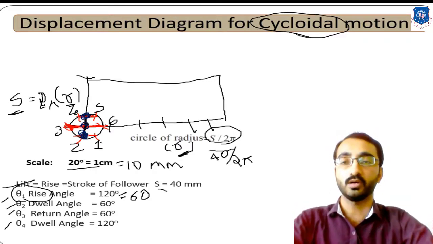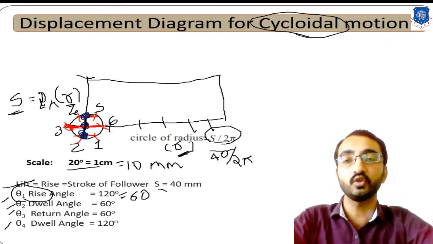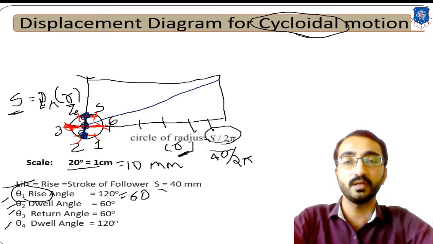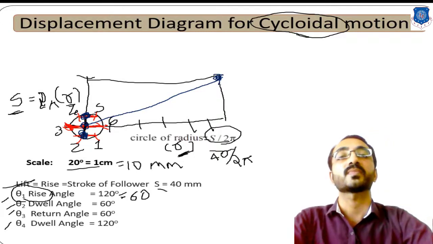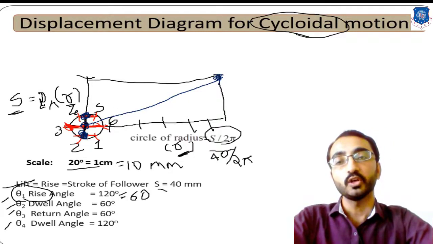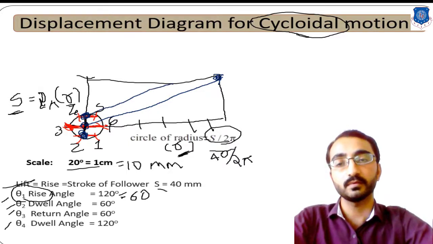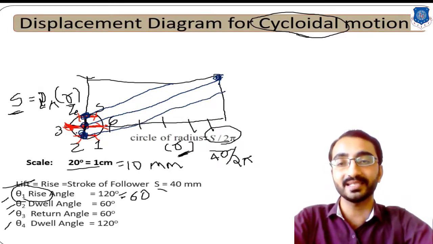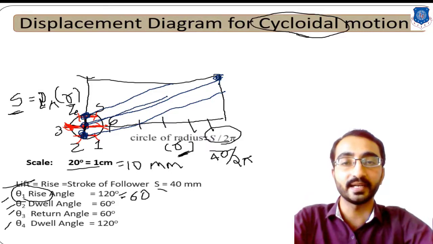These intersection points you now need to extend. From the center point you will draw one inclined line which intersects with this rectangle. Now you need to draw parallel lines starting from the intersection points. From these intersection points you will draw a line parallel to this intermediate line.